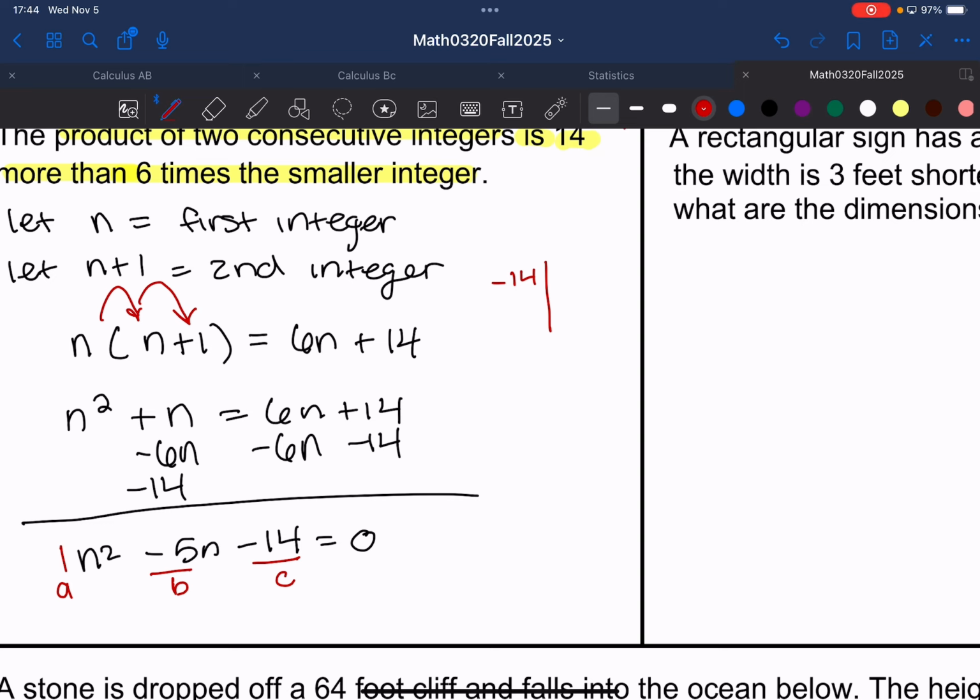So two numbers that multiply to negative 14 but add to negative 5. Good, 2 and 7, but which one would have to be negative? The 7. Good. So this is 2 times negative 7, which gives us negative 14, and then negative 7 plus 2, which gives us negative 5. Okay, so then I come here and I'm going to rewrite this as n squared plus 2n minus 7n minus 14 equals 0.